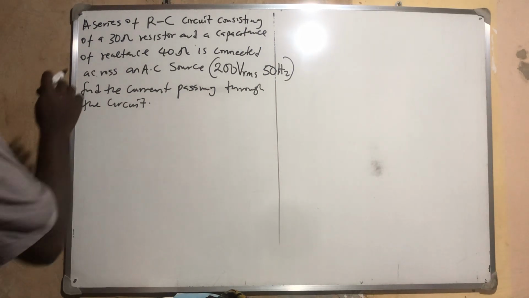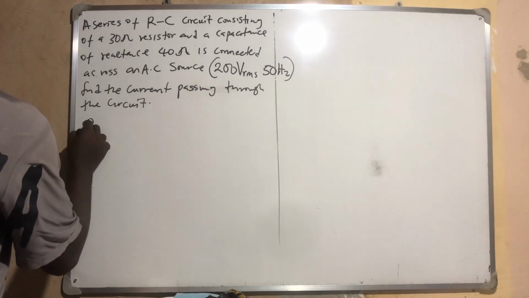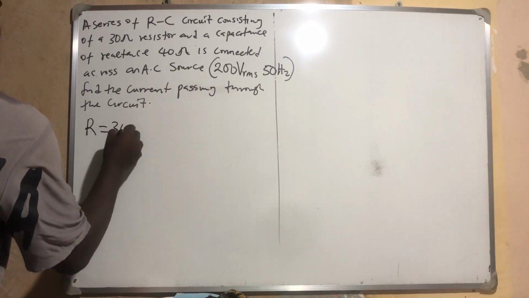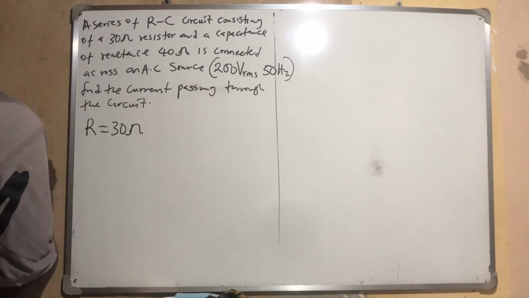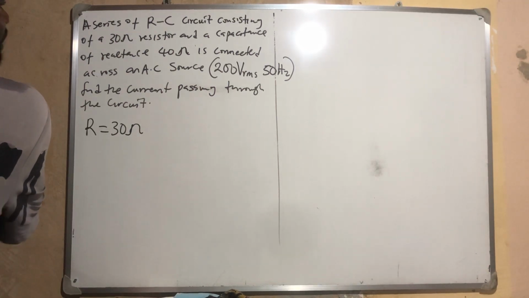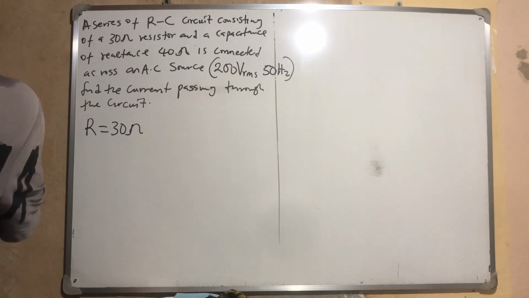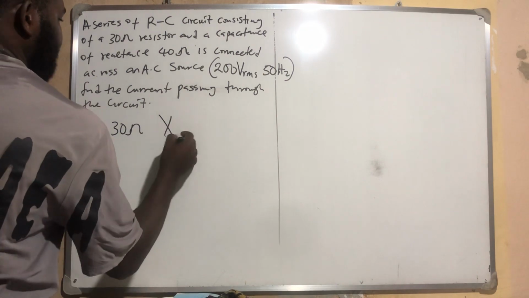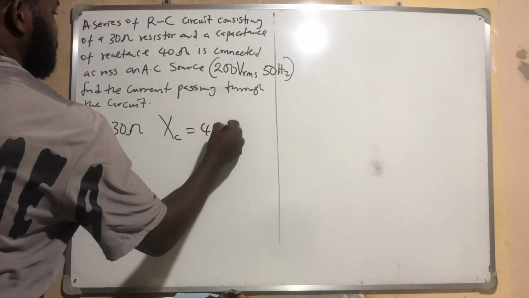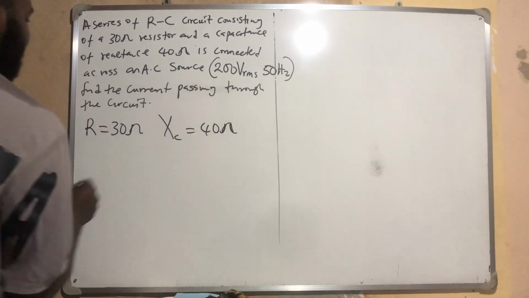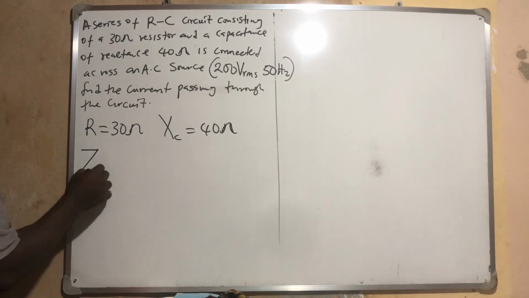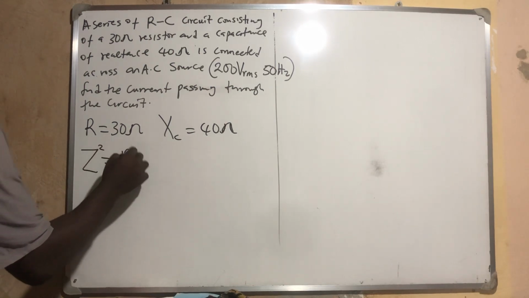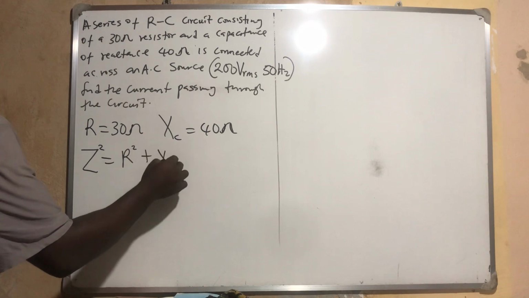The first thing they gave us is the resistor R, which is 30 ohms. Then they gave me the reactance of the capacitor, XC, which is 40 ohms. So I need to get my impedance immediately. My impedance Z squared is equal to R squared plus XC squared.